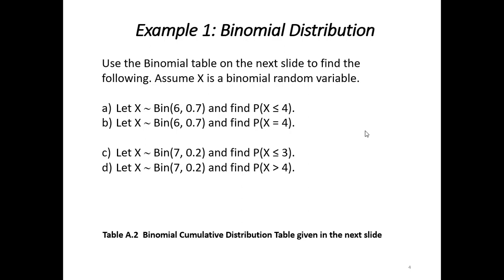Here we're just going to cover how to use the table because that's an area that needs more coverage. Okay, so suppose x is a binomial random variable. There are 6 trials and p is 0.7. We're going to begin by finding the probability x is less than or equal to 4. And this follow-up question, the probability x is equal to 4.